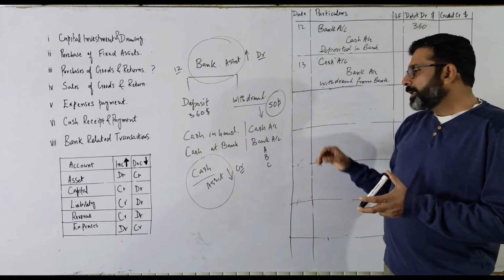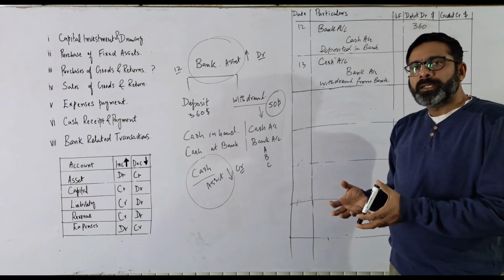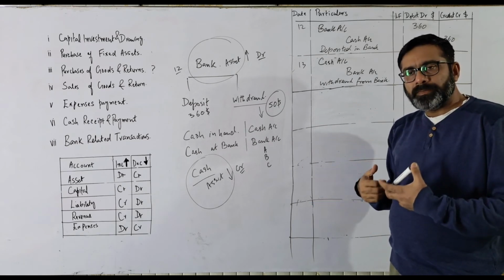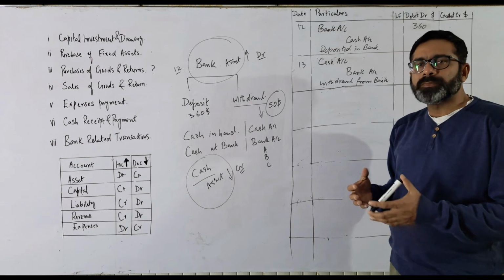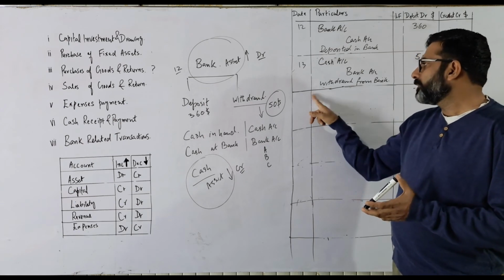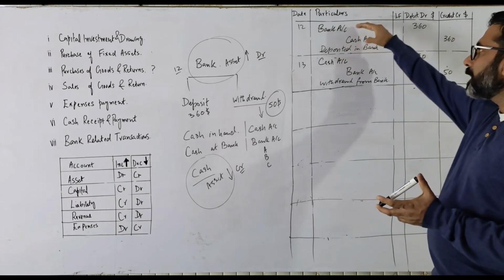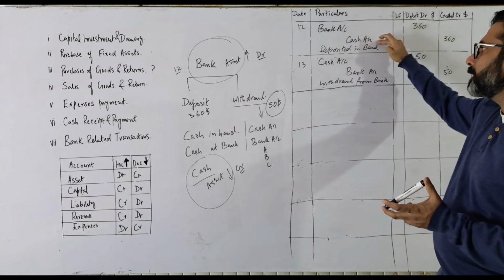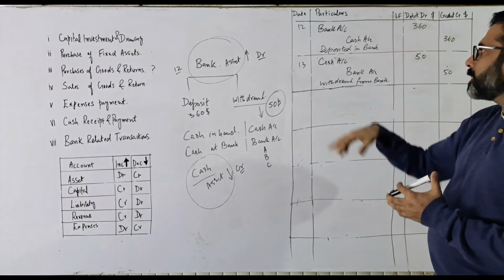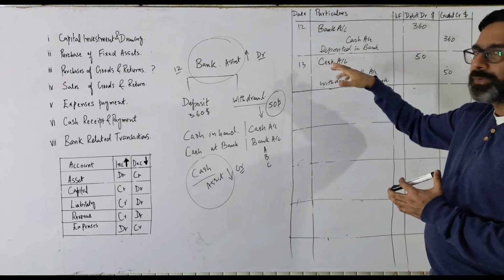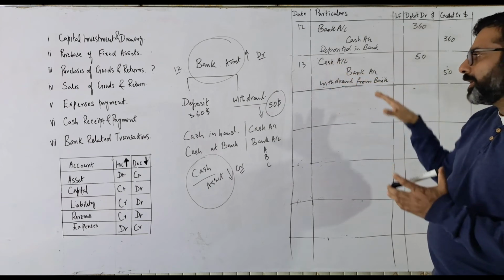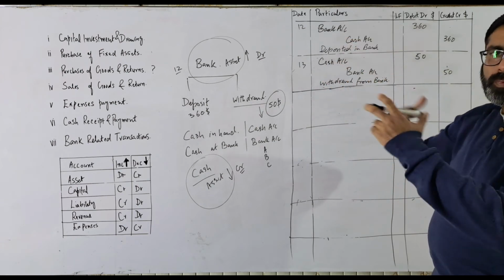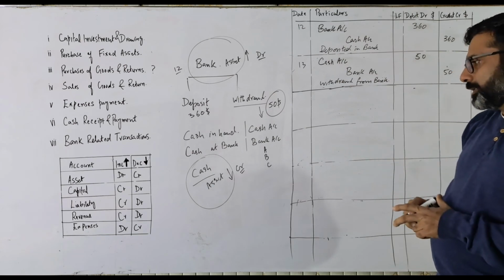In the same way, sometimes they are using the money for office use, for small cash needs, so petty cash, so they withdraw the money. So we have bank account debit, cash account credit. Or if they are withdrawing cash, the cash account, cash in hand, will be debit, and the cash at bank will be credit. So these are just two opposite or reverse transactions.